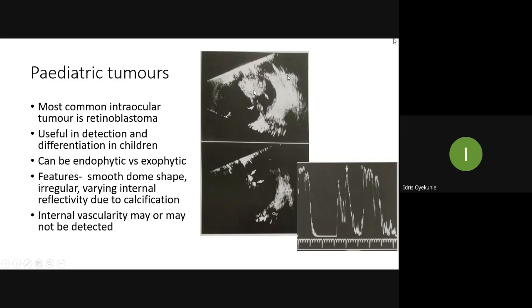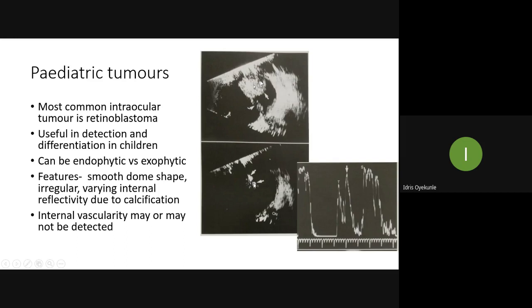So here is the retinoblastoma tumor. You can see it very bright, so the gain here has been increased. I can see this bright hyperechoic lesion that is dome-shaped and smooth, with very high internal reflectivity, as you can see here. And there are calcific points, calcific changes.